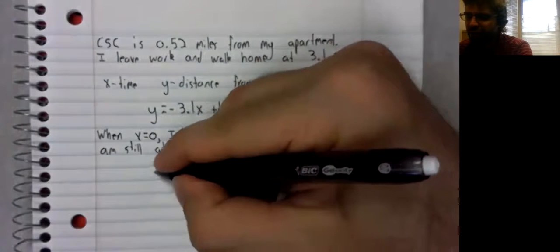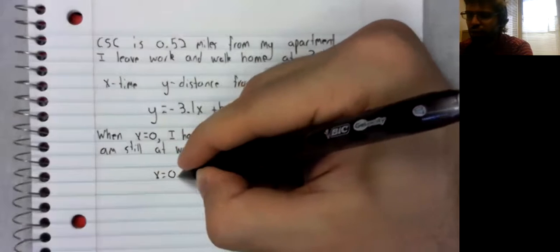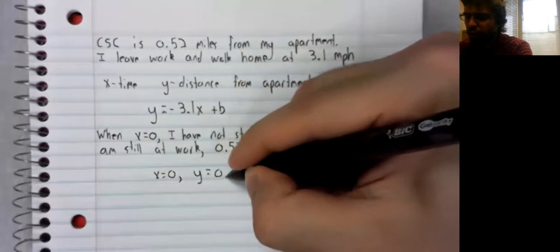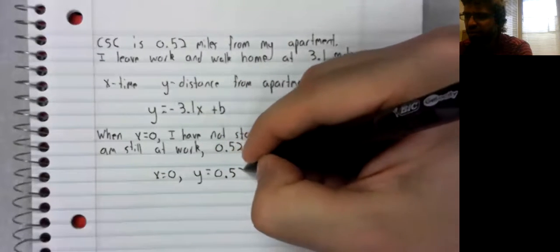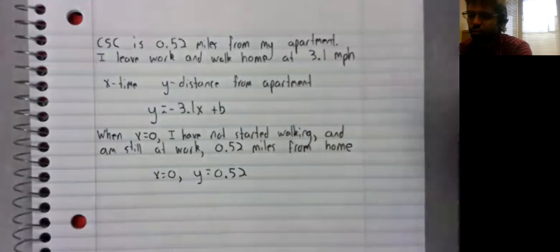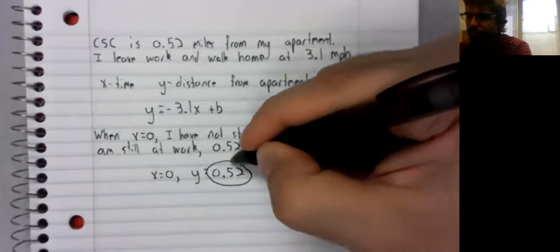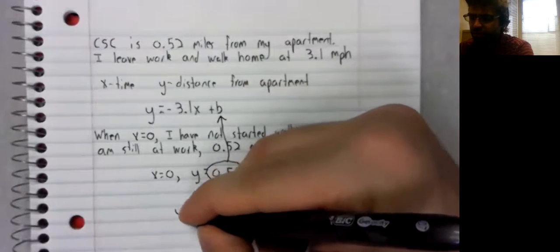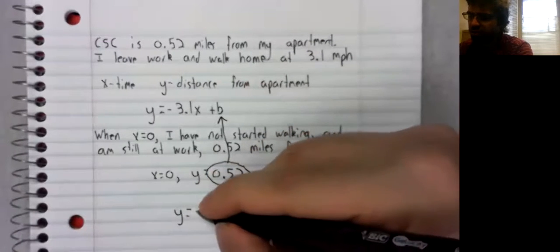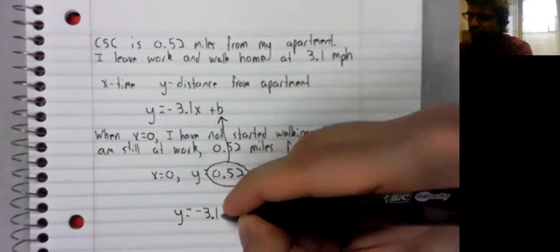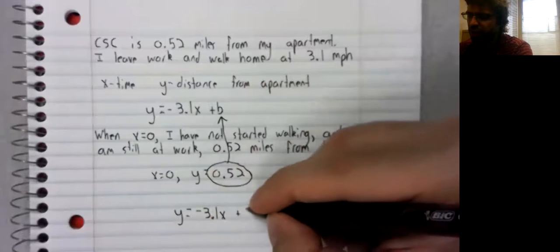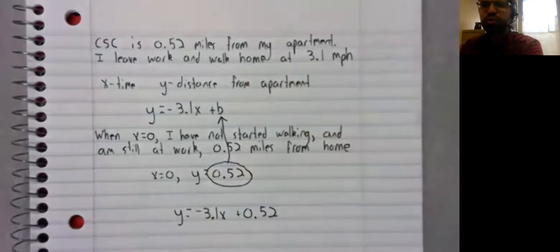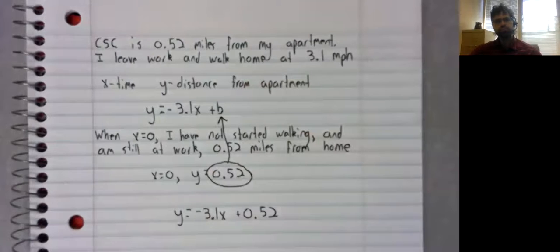So when x equals 0, y equals 0.52. And that's b. y equals negative 3.1x plus 0.52.